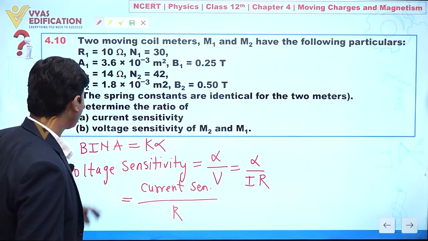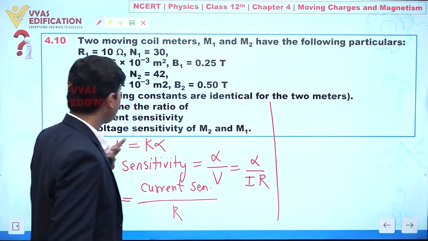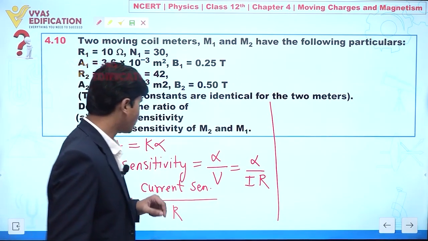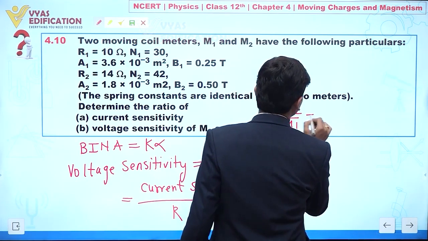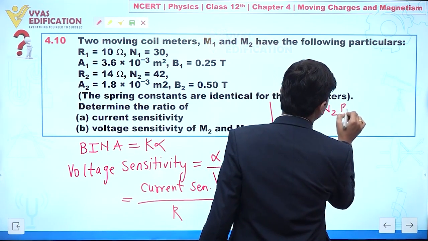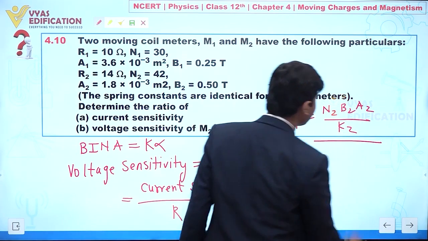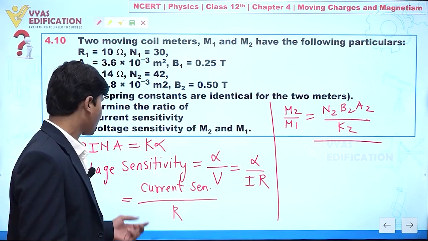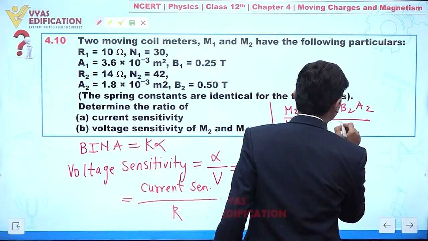Now current sensitivity we already found: this is NBA divided by K, and it is also divided by R. So I can write for M2: N2 B2 A2 divided by K into R2.